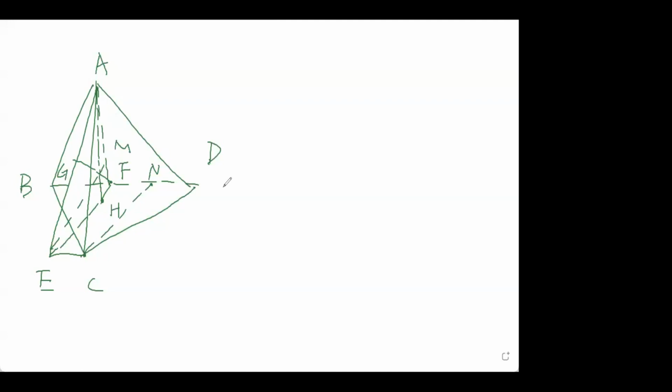So we know EM is bigger than or equal to AH. Otherwise, EM would be the smallest altitude, which is a contradiction. So EM is bigger than or equal to AH.